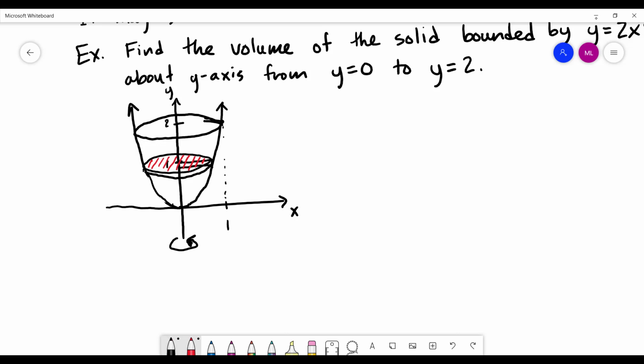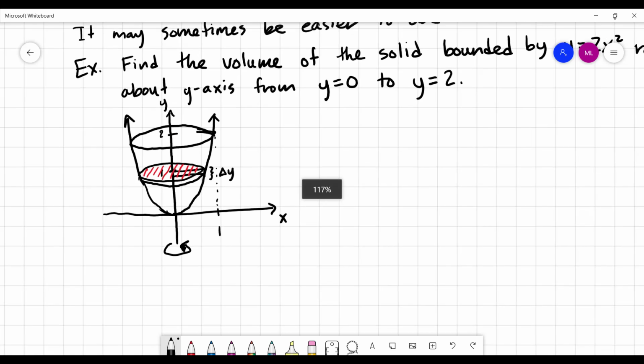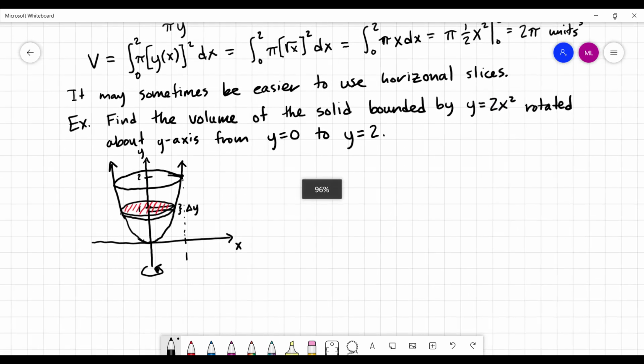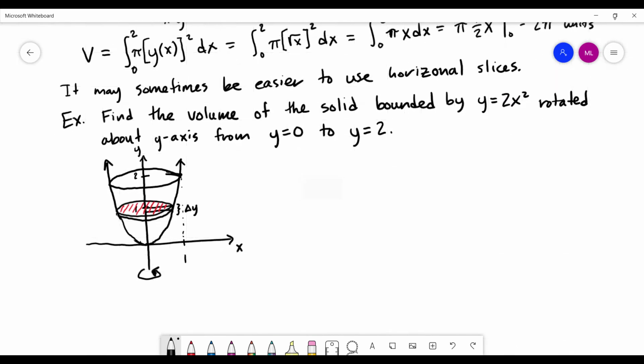So in this case, what that means is our thickness is now delta y. It's a little change in the y direction, not the x direction. And our radius, instead of being determined by the y value like it was in the previous example, is now determined as the distance from the y-axis, which is going to be the x-coordinate.